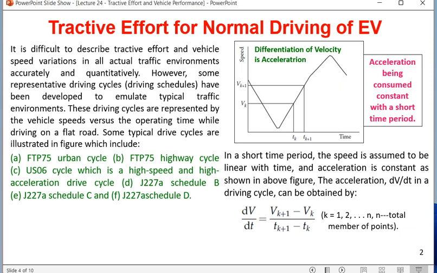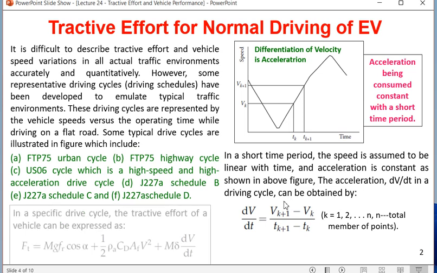Between these two points, from the initial starting point up to this point, here also the vehicle is decelerating. The formula given below on the right side is y2 minus y1 divided by x2 minus x1, by which you can find the acceleration of the vehicle. This is a performance determining characteristic.